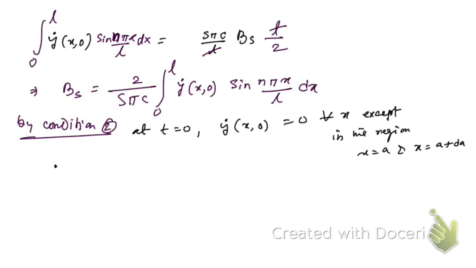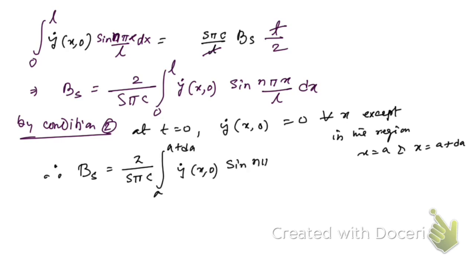So that's why we can write bs is equal to 2 by s pi c integration, instead of 0 to L, now we're going to write a to a plus dA, y dot x comma 0 then sine n pi x by L dx. That's what we're going to write.